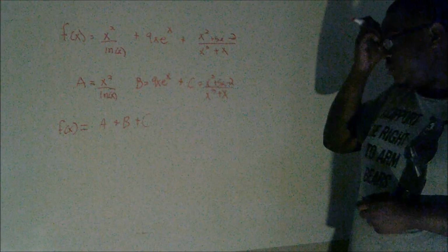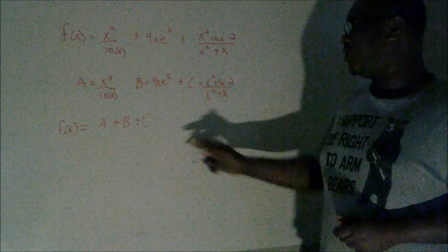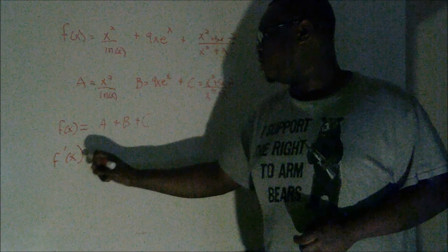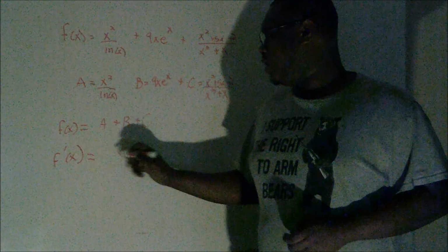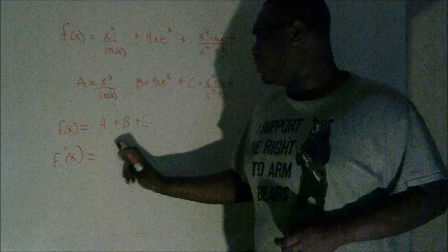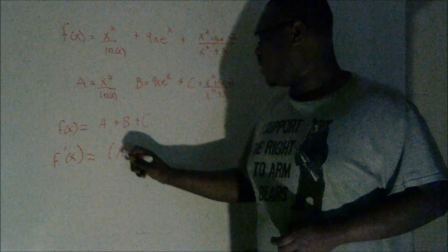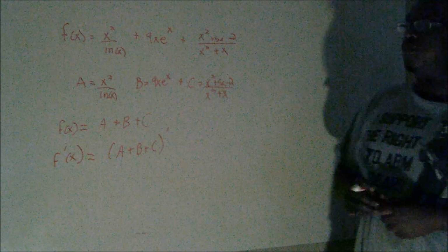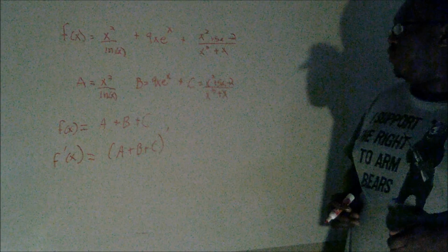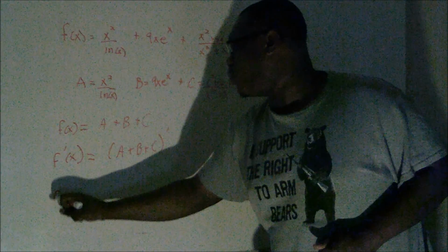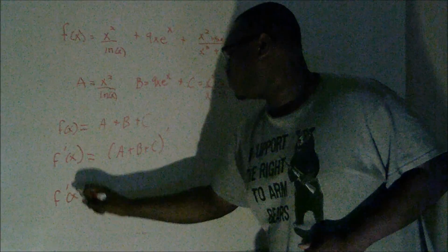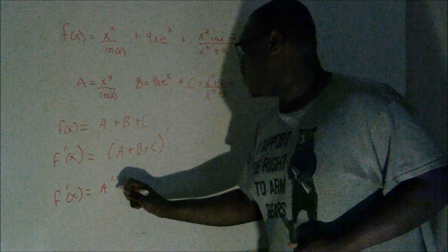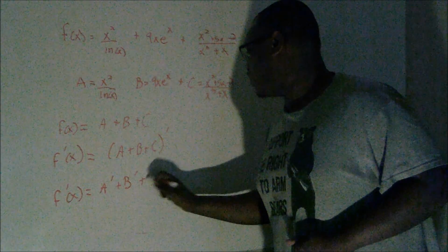So we know that f prime of x is equal to the derivative of a plus b plus c, and we know from what I said before that this is equivalent to a prime plus b prime plus c prime.